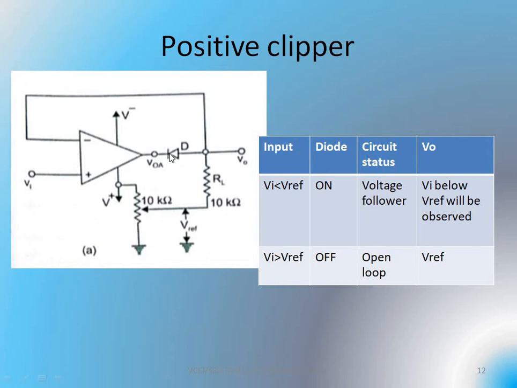When the positive value is greater, the diode becomes open circuited. Due to this off condition, the circuit becomes open, and this open loop creates a disturbance between the input and output. The entire circuit becomes open loop, and the output is tapped from the reference value. What was our reference value?